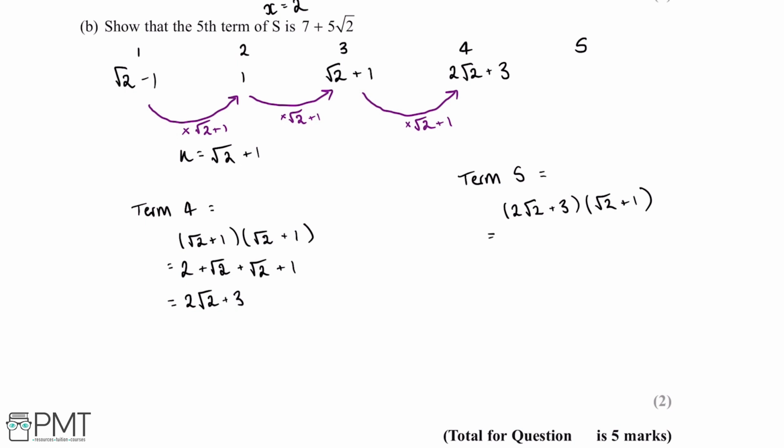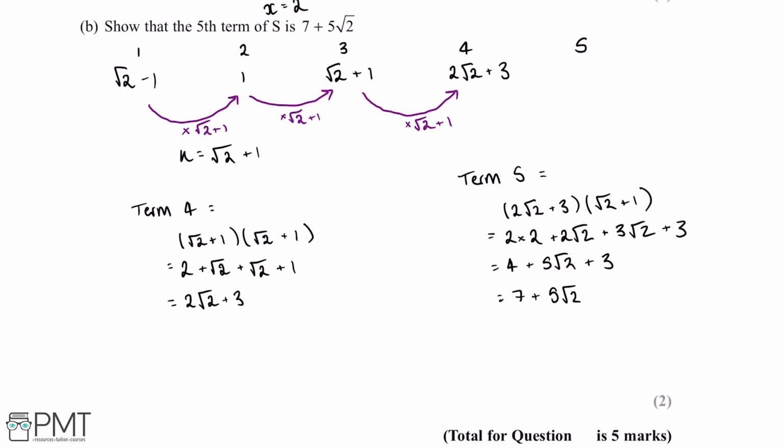So 2 root 2 multiplied by root 2 will give us 2 multiplied by 2. 2 root 2 multiplied by 1 will give us 2 root 2. 3 multiplied by root 2 gives us plus 3 root 2, and then 3 multiplied by 1 gives us 3. So 2 multiplied by 2 gives us 4, 2 root 2 plus 3 root 2 gives us 5 root 2 plus 3, and if we simplify this down, this gives us 7 plus 5 root 2. And this is the value which they wanted us to prove that the fifth term was equal to.